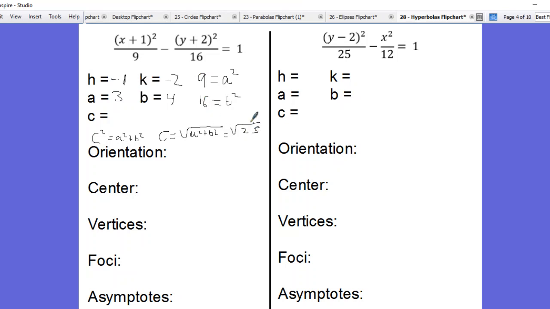So that's the square root of 25, and the square root of 25 is 5. So c is equal to 5. Now our orientation: the larger denominator matters for ellipse, but doesn't matter for hyperbola. Whatever term is positive determines orientation. So because the x term is positive, the orientation is horizontal.